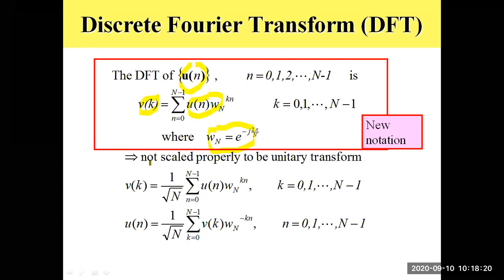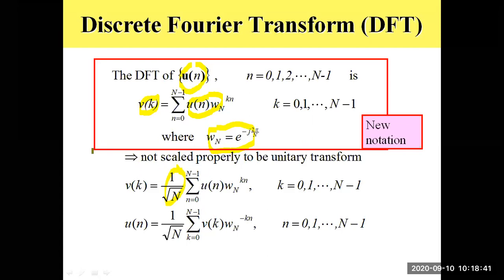This is not yet scaled properly to be a unitary transform. So generally we scale with the number of samples: 1 by square root of N, sigma n equal to 0 to N minus 1, u of n times W to the power kn. It is the same formula, but we multiply with 1 by the square root of the number of points.